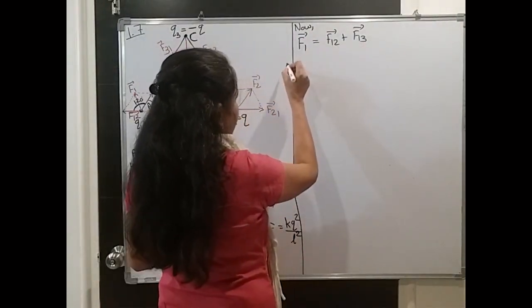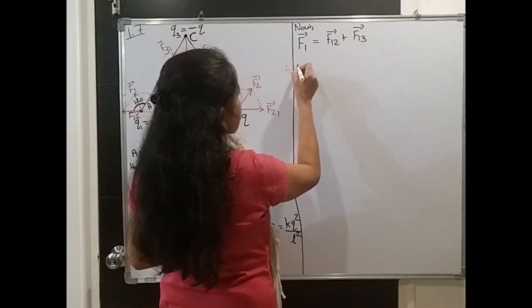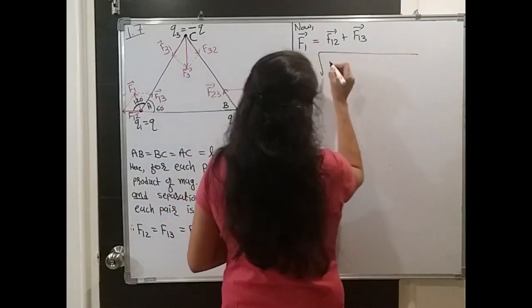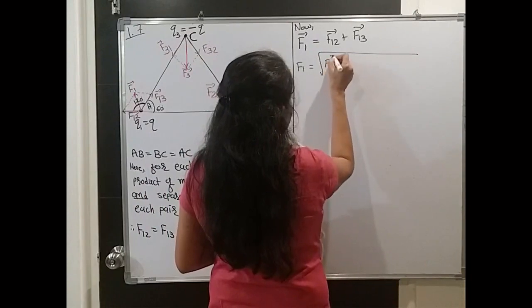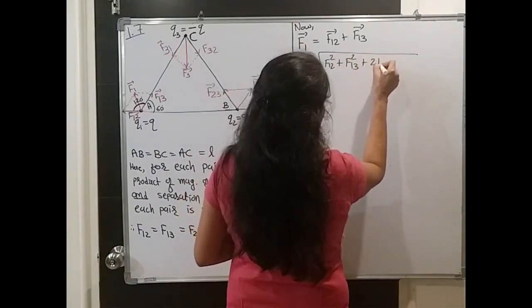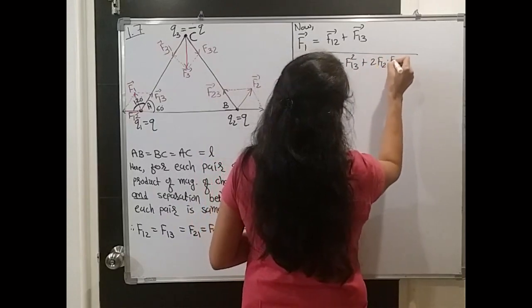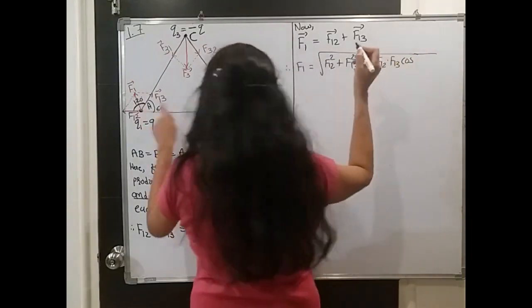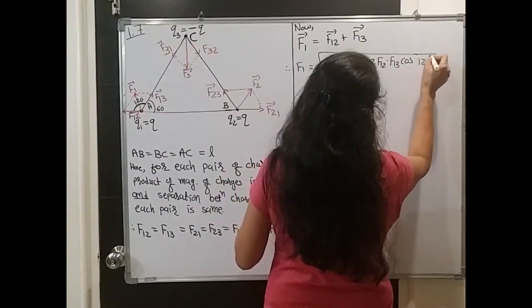This is the vector addition, so I can say that magnitude of F equals under root of F12 square plus F13 square plus 2 times F12 F13 cos of the angle between the two vectors, which is 120.